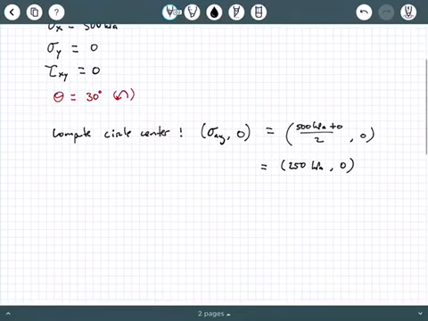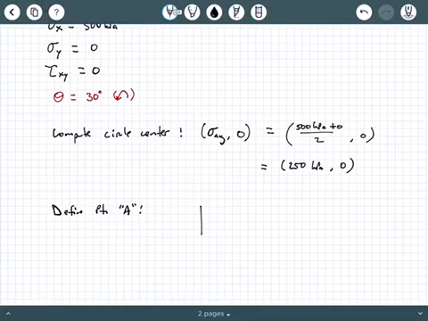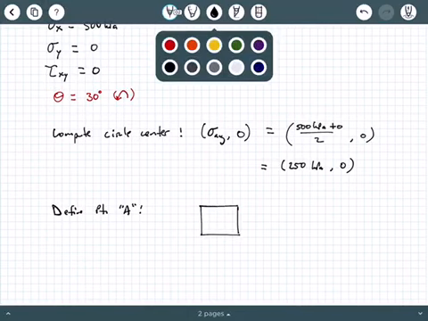In our case, sigma average is sigma x plus sigma y over 2, so it's 500 kPa plus 0 over 2. That gives us the point 250 kPa, comma 0. So that's the center of the circle, and we're going to need to use that in a minute.